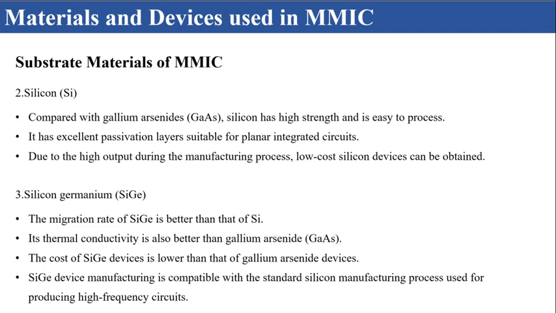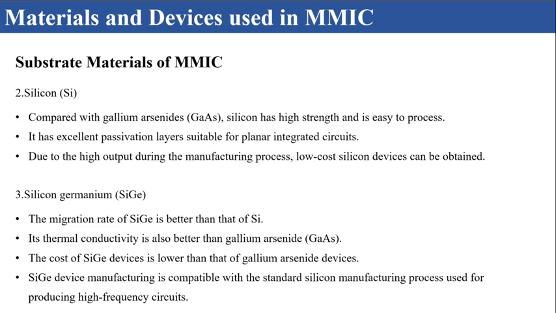Therefore, due to the high output during the manufacturing process, low-cost silicon devices can be obtained. However, the production of gallium arsenide is low, and the devices manufactured are more expensive than silicon devices.